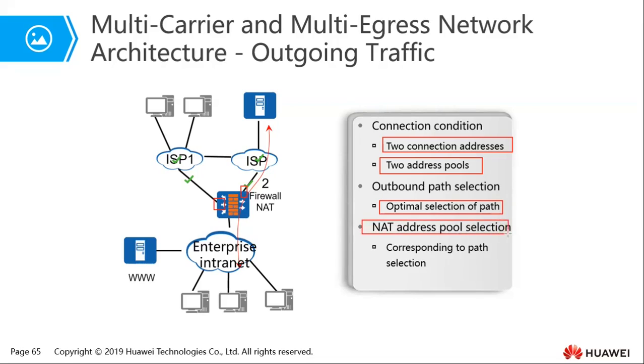On the NAT address pool selection, we have a pool that corresponds to each of the public addresses. So if the source IP address matches an IP in that pool, then you're going to be mapped and routed through a particular path. So that is what happens.